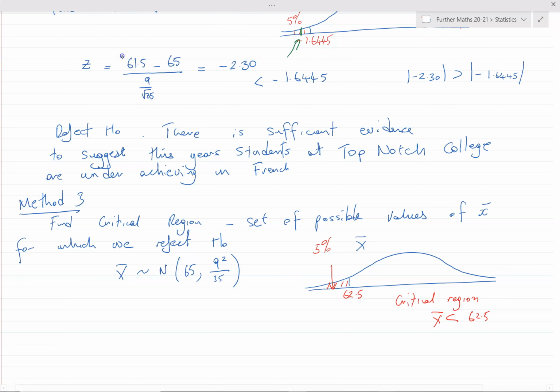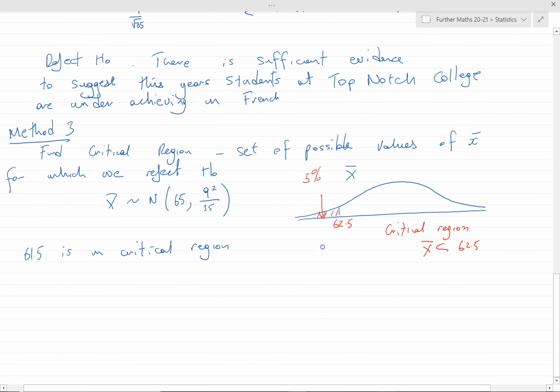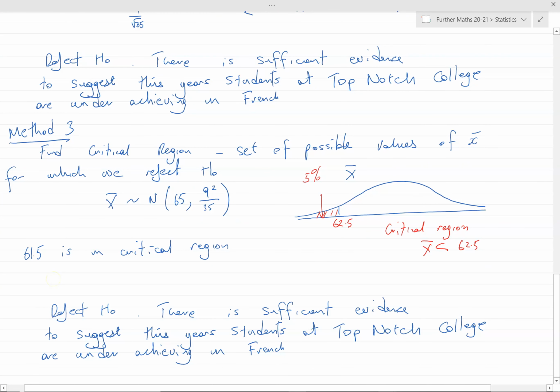So we can therefore conclude that 61.5 is in the critical region, and therefore we can reject H0, and come to the same conclusion as we did before. Reject H naught. There is sufficient evidence to suggest this year's students at Top North College are underachieving in French.